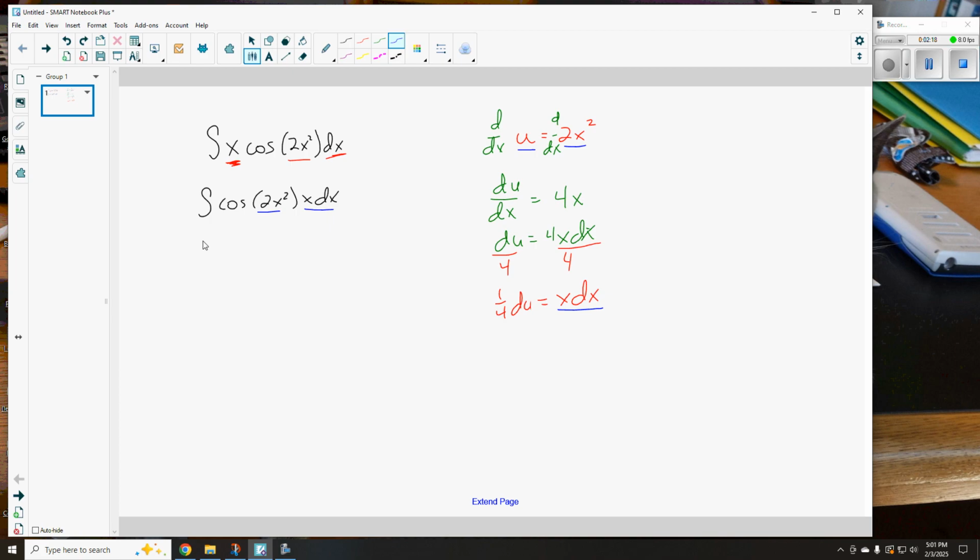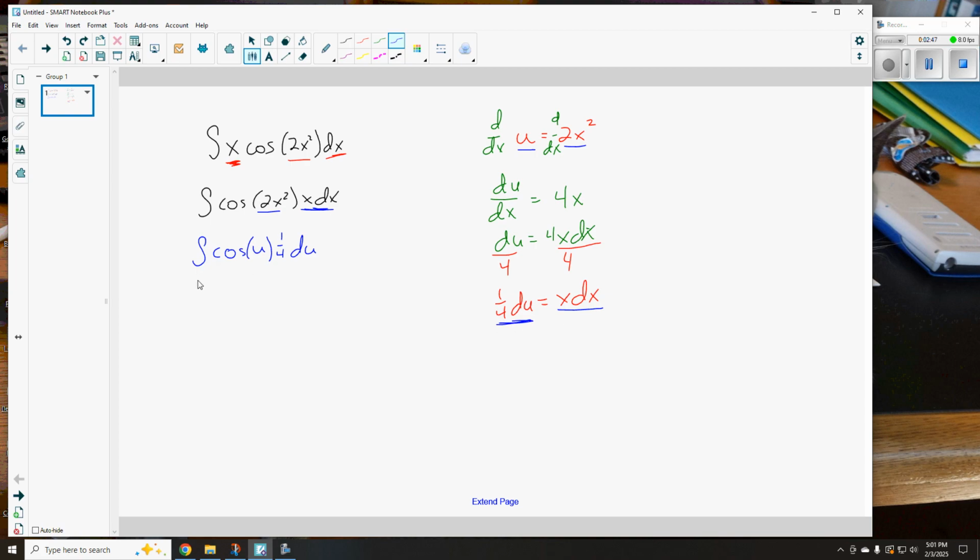So now what I have is the integral, or the antiderivative, of cosine u du. Actually, I take that back. It's cosine u times 1/4 du, because x dx is equal to 1/4 du.